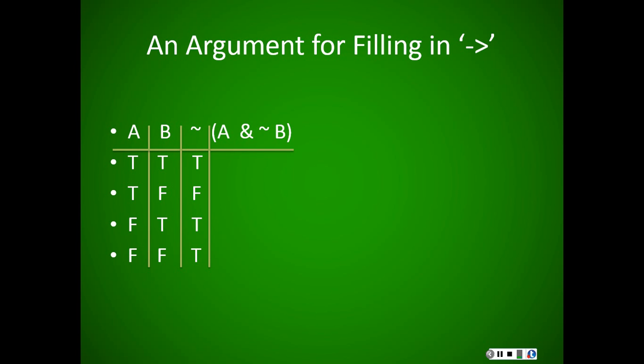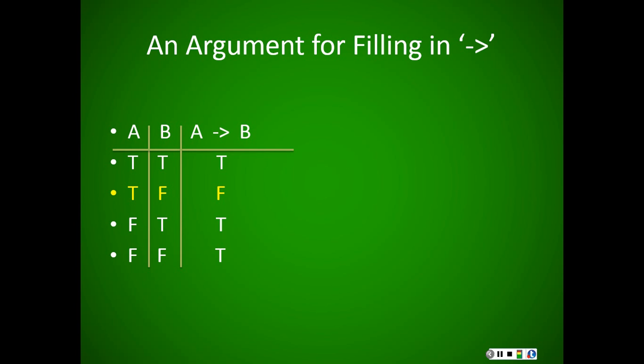And the argument we just gave gives us a good reason to believe that the truth table for it is not the case that A and not B is the same as the truth table for if A then B. So note that there is only one condition under which this sentence is false, and that's when A is true and B is false. Likewise, there's only one condition under which the conditional if A then B is false, when A is true and B is false.